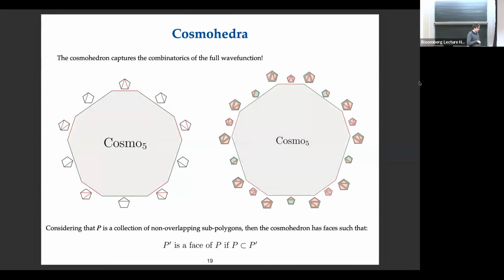So the Cosmohedra is basically the same, but as I showed you before, instead of tubings, we have to consider sub-polygons because we want to talk about all the graphs at once.